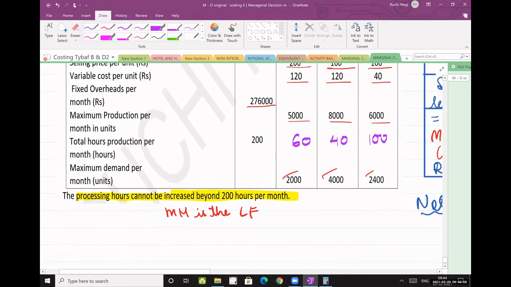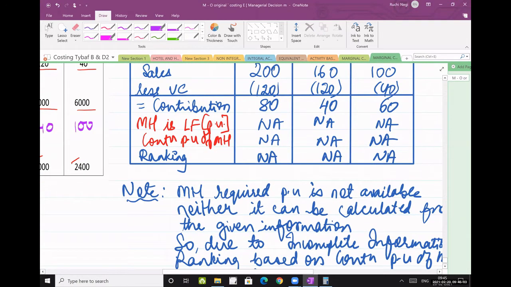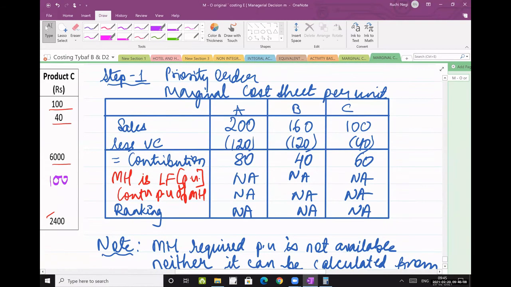Suppose this bifurcation is given: 60, 40 and 100. Then what will happen? ये आंसर क्या हो जाएगा? ऑब्वियसली चेंज हो जाएगा ना.